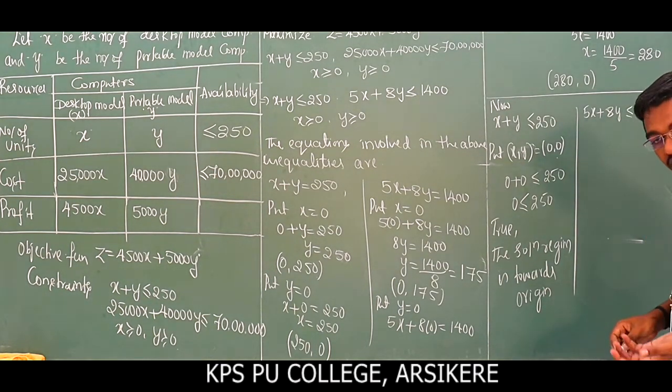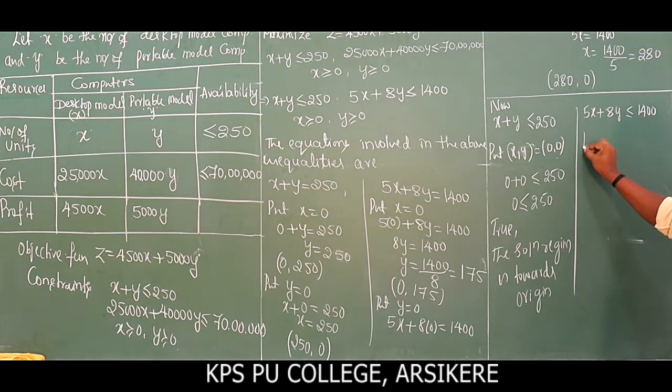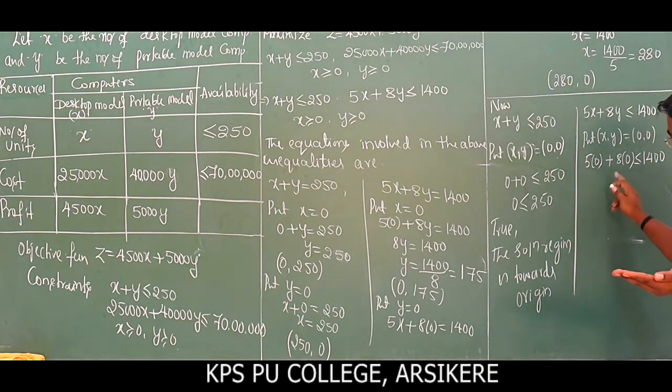Similarly, substitute x is equal to 0 and y is equal to 0. Put x comma y is equal to 0 comma 0. What do you obtain here? 5 into 0 plus 8 into 0 less than or equal to 1400. 5 into 0 is 0, plus 8 into 0 is 0. The total becomes 0 less than or equal to 1400.